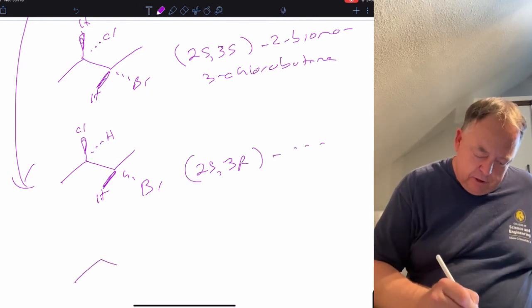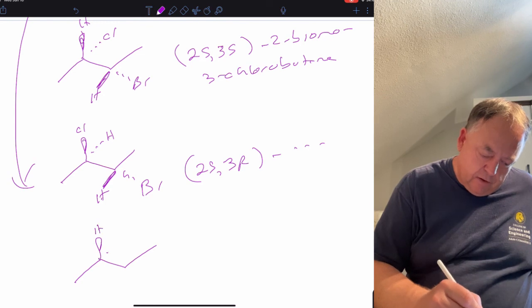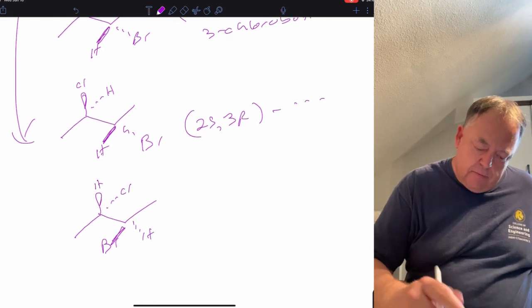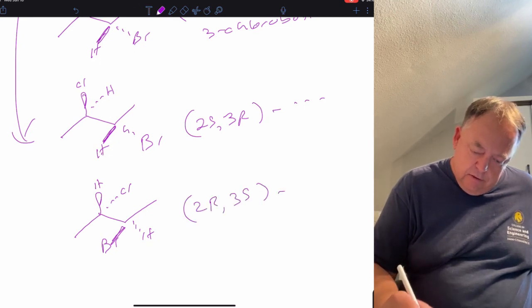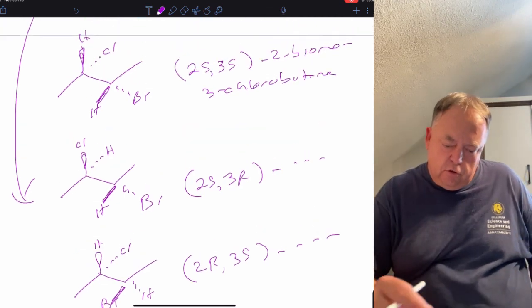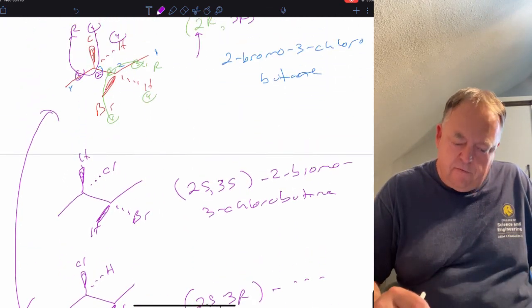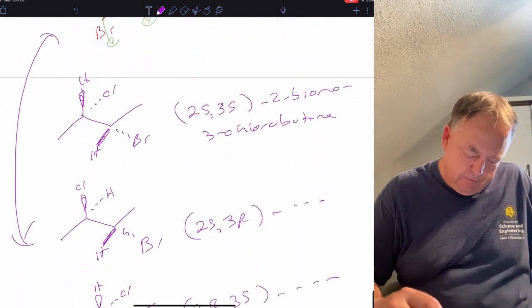And the other possible stereoisomer would have been, we had that one flipped, and we kept that the same, so then this would have been the 2R, 3S, 2-bromo, 3-chlorobutane. So that would be the 4 different stereoisomers.